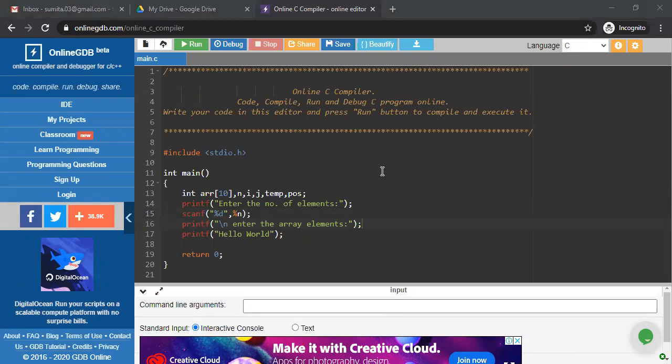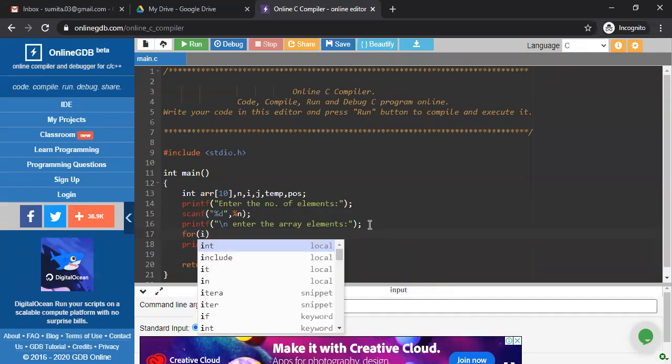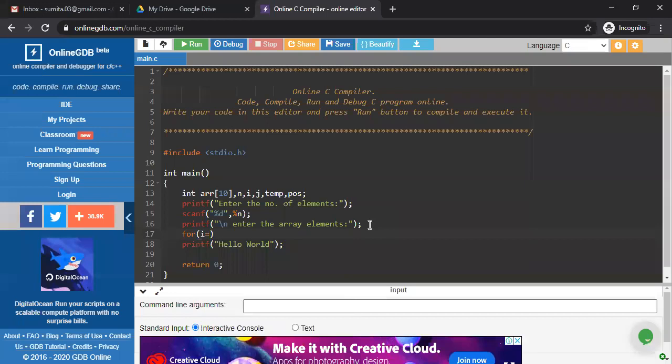After that you have to execute a loop. Why? Because until or unless we use the loop, we don't insert the array elements into the array.